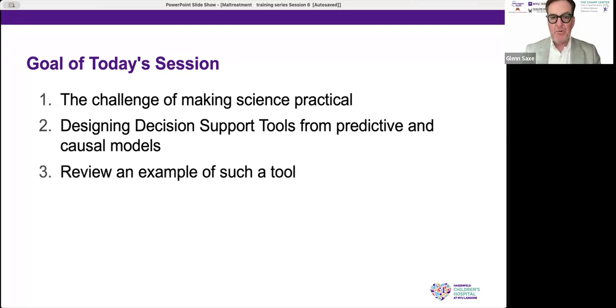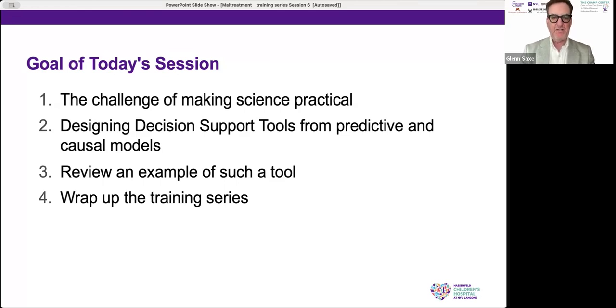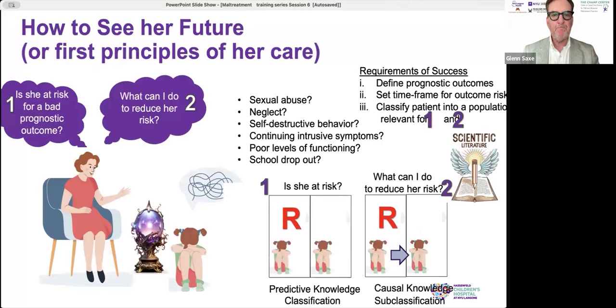Review an example of our tool, like from the findings I told you about, and also talk about other examples in the field. And then, sadly, we are wrapping up, and we really want to get your ideas about your experience and how we might think about the next training series.